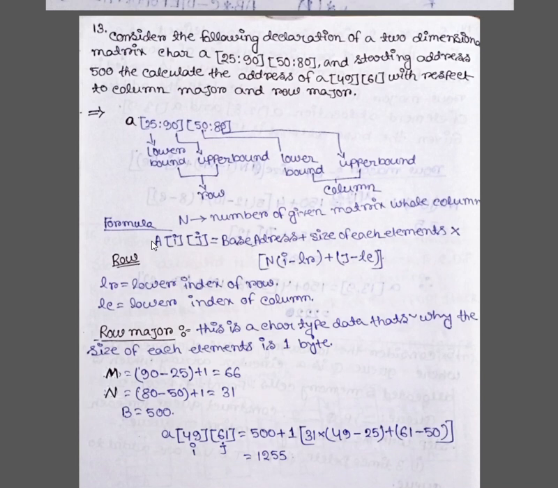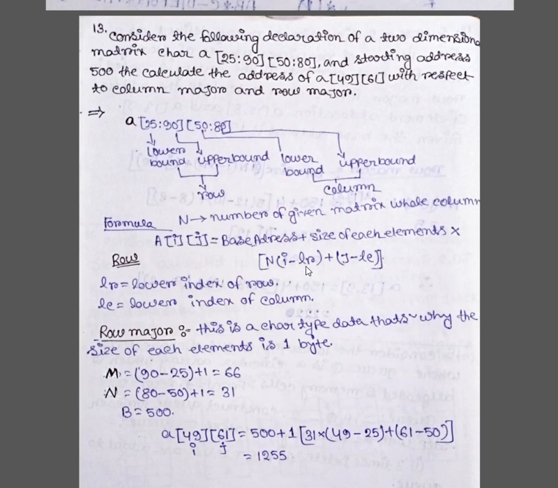The formula for calculating the row major is this: A[i][j] equals base address plus size of each element multiplied by (capital N times (i minus LR), where LR is the lower boundary, plus (j minus LC)).